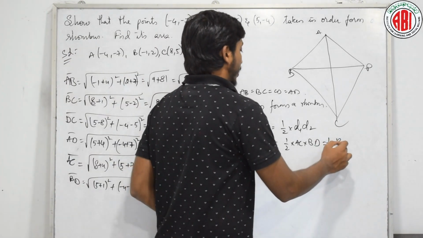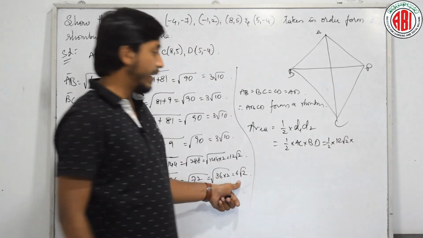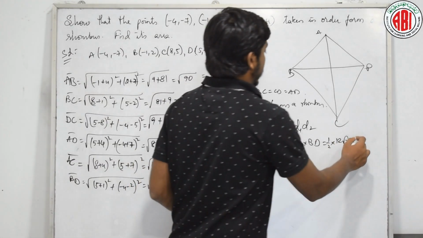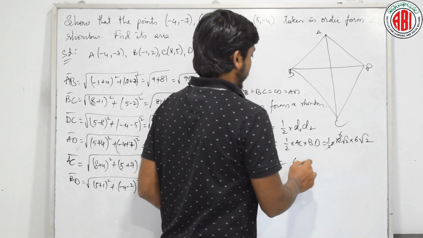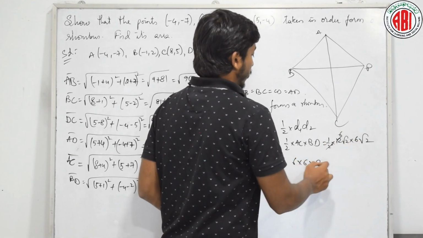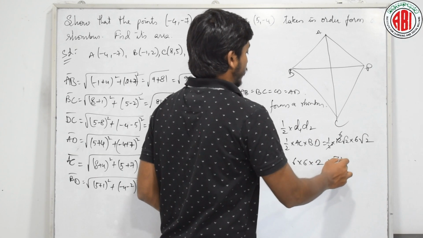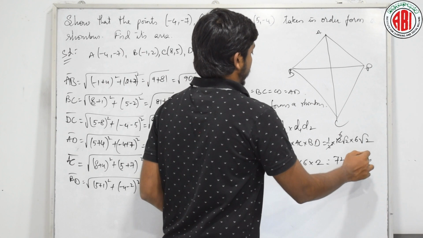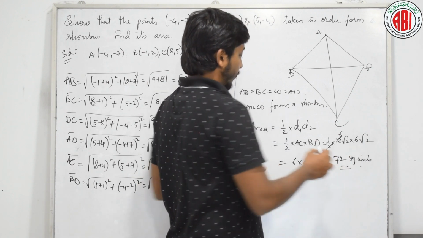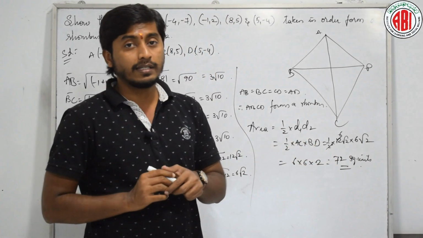What is BD? 6 root 2. Now tell me, 2 ones are 2, 6 are 6 into 6 into root 2 into root 2 is 2. 6 6s are 36, 36 2s are 72 square units. You have to specify it. Is it right? Did you understand?